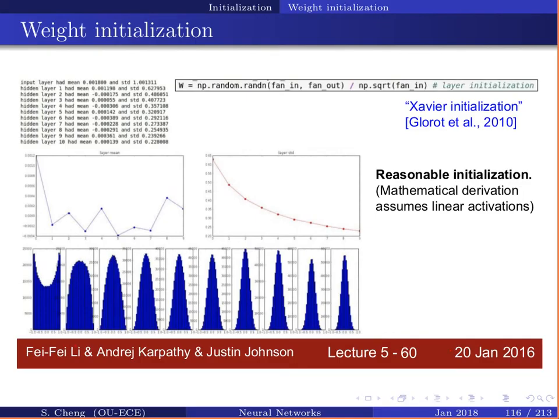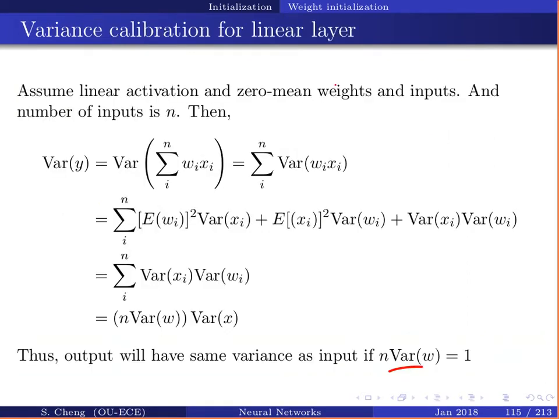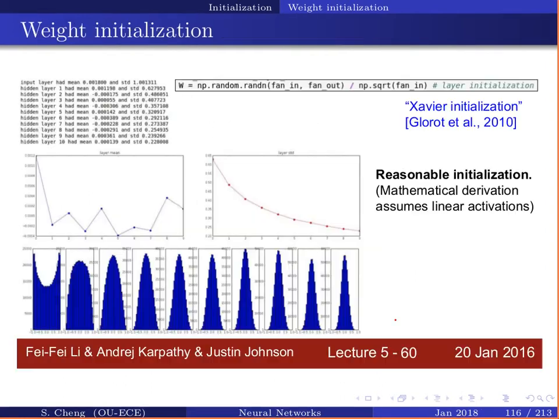If you try that, it looks pretty nice. This is also called Xavier initialization. It's really simple: you initialize the weights randomly, but you adjust the variance very carefully. The variance should be equal to 1 over the number of inputs to that particular node.